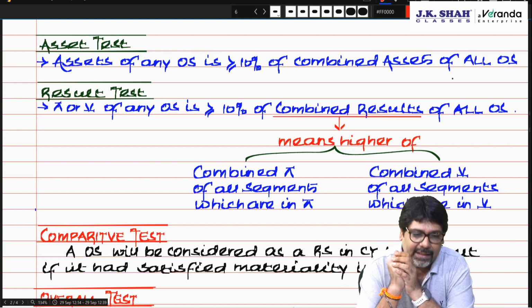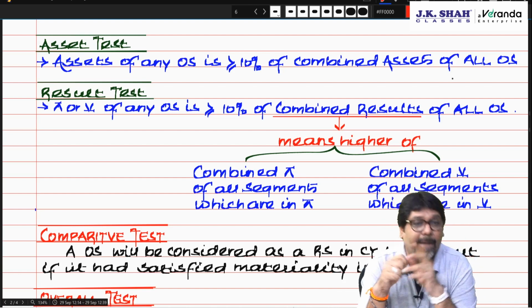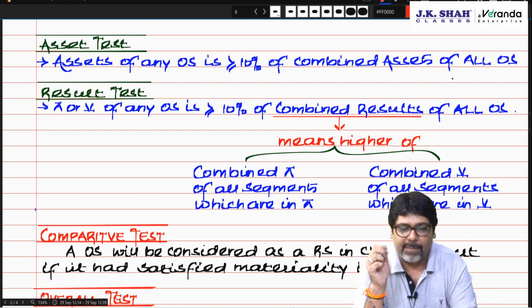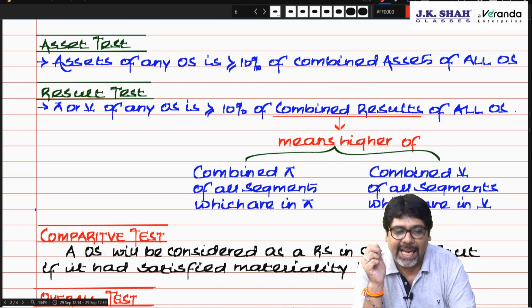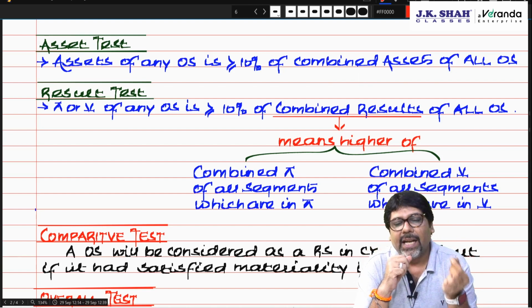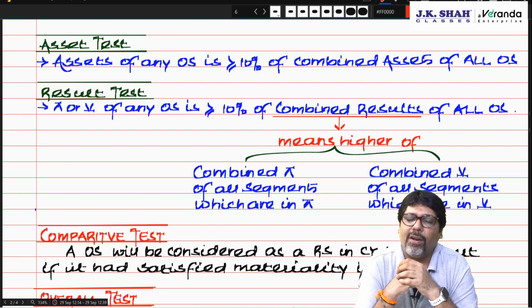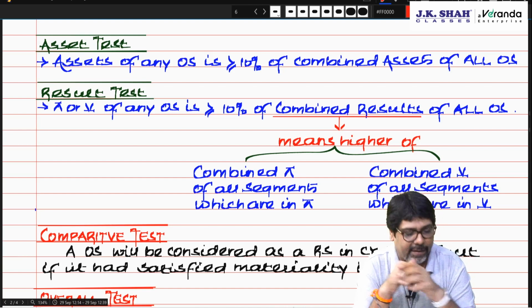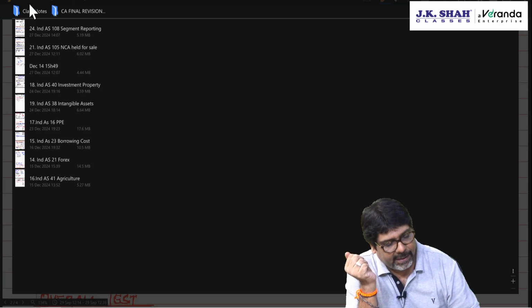Result test. Result test means we are talking about profitability. Profit or loss of any segment is 10% or more than combined profit or loss of all the segments put together. Now chartered, there is a twist.